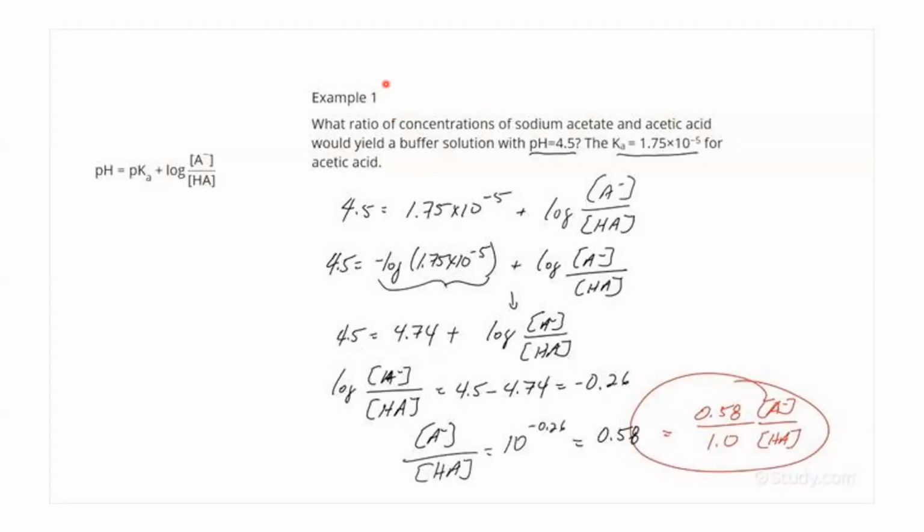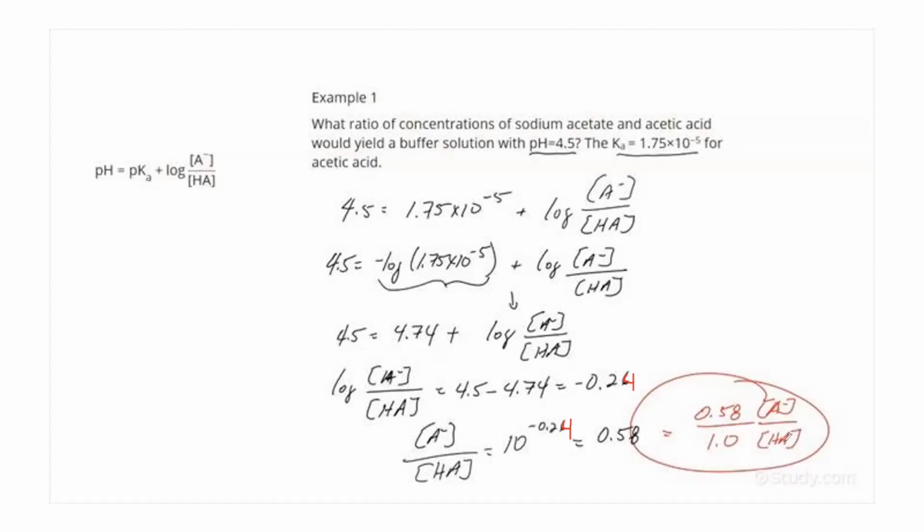So that should be 2.4, which is that, and to the negative 2, which doesn't actually change that number at all. So in this case, what we're seeing is 0.58 when we solve for this entire thing. So if we think about the ratio, then that means for every 1 HA, we're going to have 0.58 for the concentration of A minus.